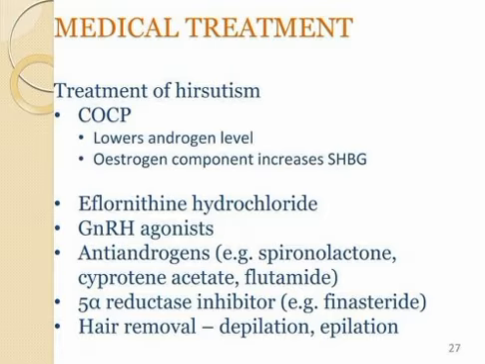Next will be the treatment for hirsutism. It includes combined oral contraceptive pills, which lower the androgen levels, and the estrogen component increases SHBG. For this we can also take eflornithine hydrochloride, along with gonadotropin releasing hormone agonists, anti-androgens like spironolactone, cyproterone acetate and flutamide, 5-alpha reductase inhibitors, for example finasteride, and hair removal, depilation and epilation.